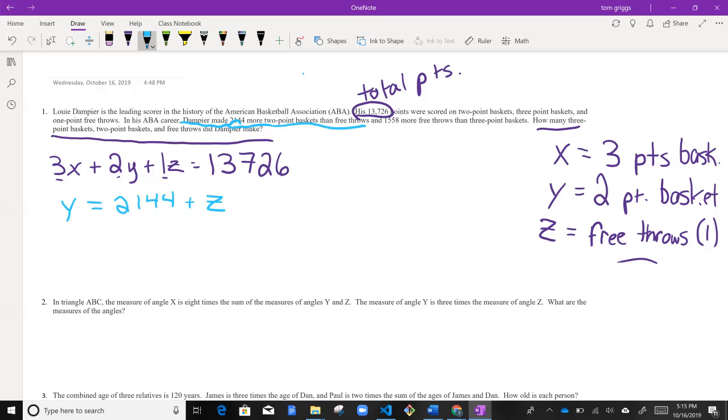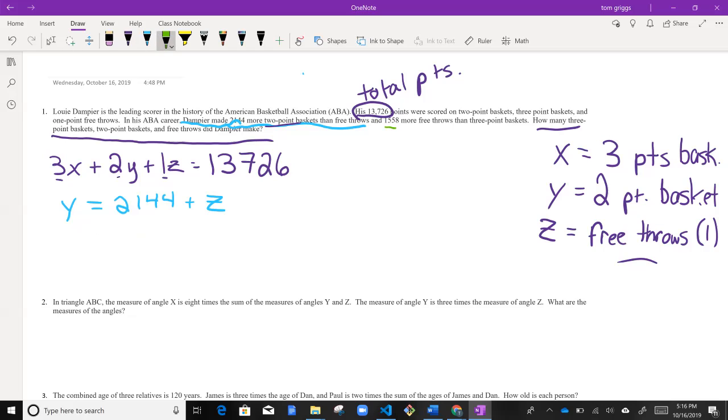So that's our second equation. A lot of people make the mistake of accidentally putting the 2,144 on the left-hand side. But since in the problem it says Dampier made 2,144 more 2-point baskets, that means Y should equal 2,144 more than Z. So this is the correct setup.